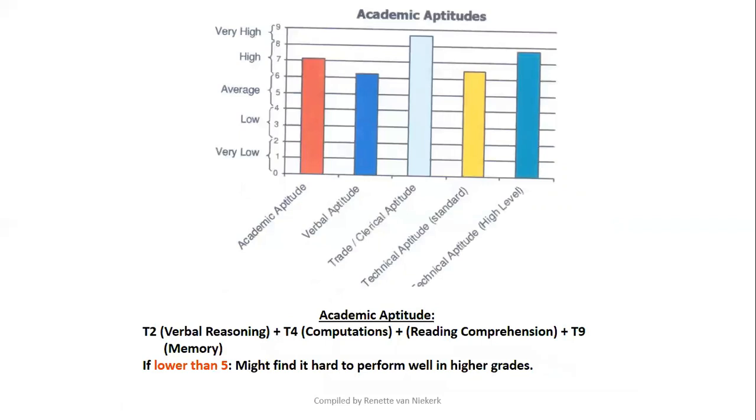The final graph underneath your DAT results will be academic aptitudes, and I want you to look specifically at the first bar there that says academic aptitude. That is the one where I said earlier, if that result is lower than 5, you will probably have to work hard in your higher grades to achieve.